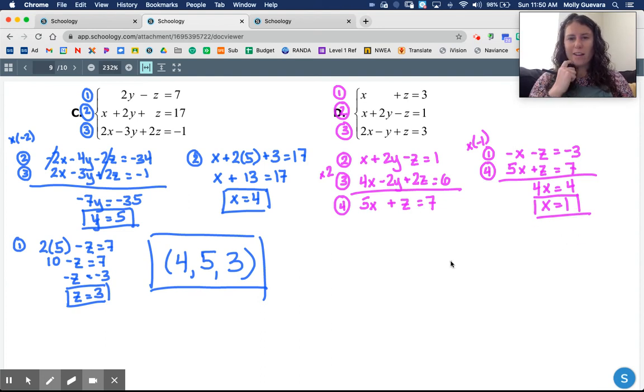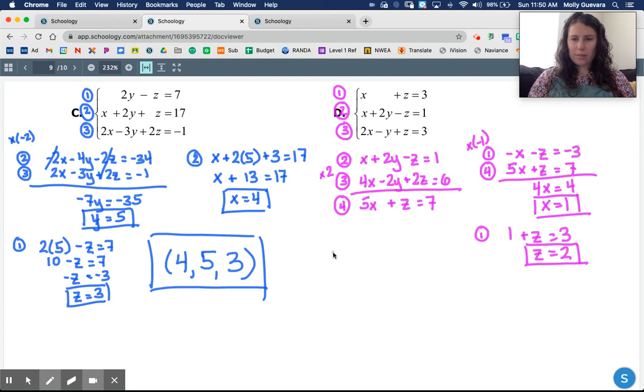So x is 1. Now that I know x is 1, I'm going to plug it into equation 1 because that seems real easy, right? x is 1 plus z equals 3. So z equals 2. Nice and quick. Now I just need y, so I'm going to pick either equation 2 or equation 3. It doesn't really matter.